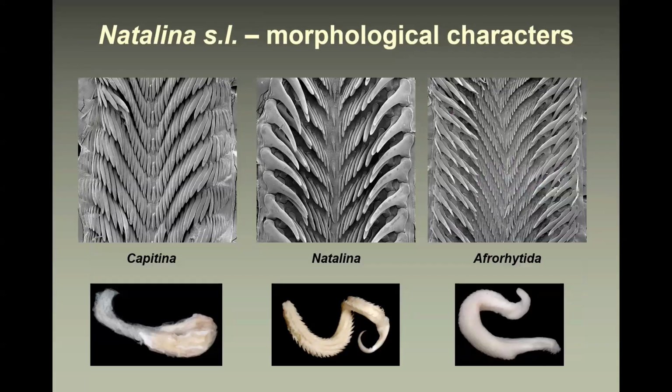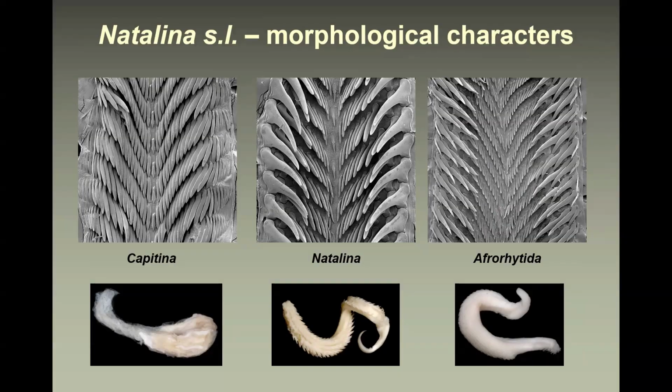And looking back at the morphology, we see that there are also consistent differences between these different genera in terms of the structure of the radula. Here we have teeth that are all very similar in shape, getting a little bit larger towards the edge and then smaller again.